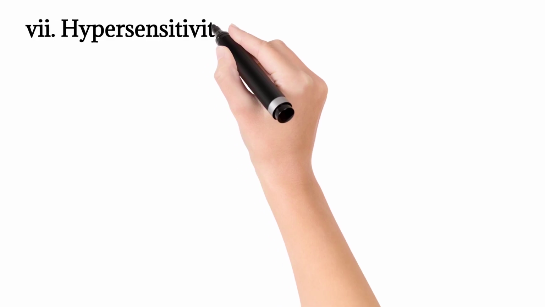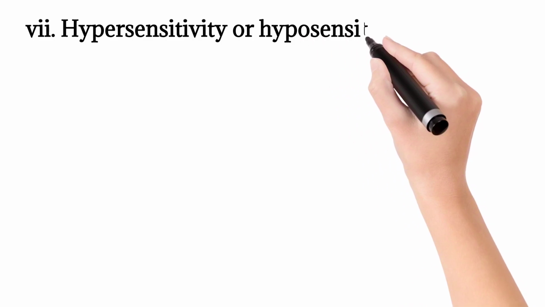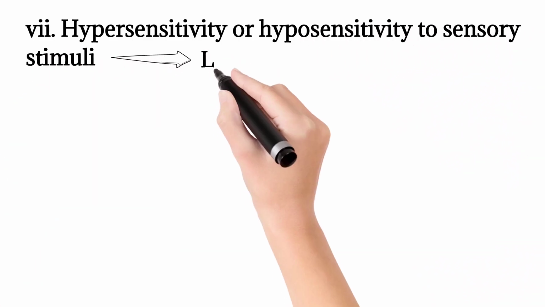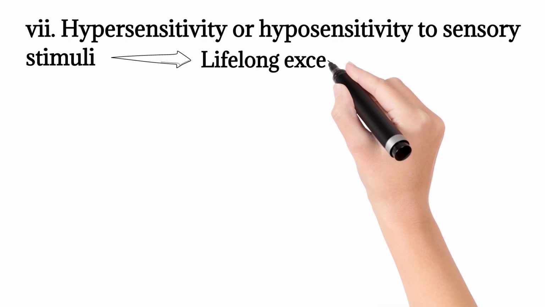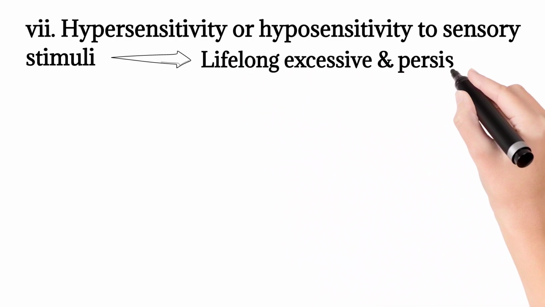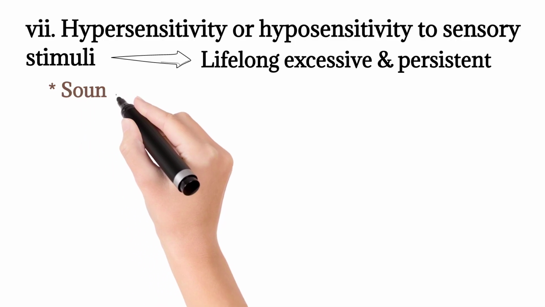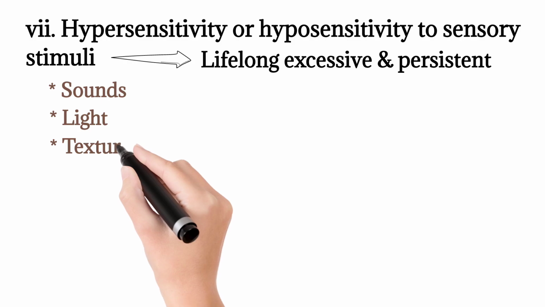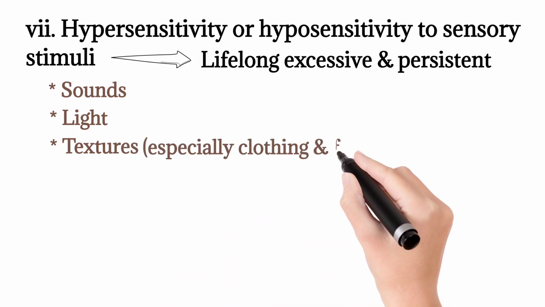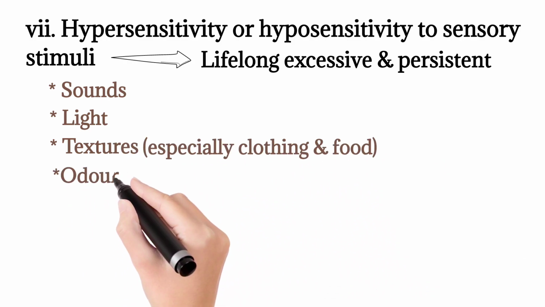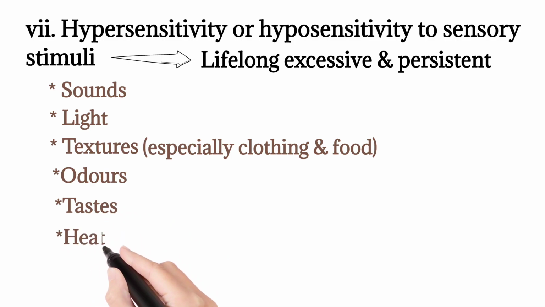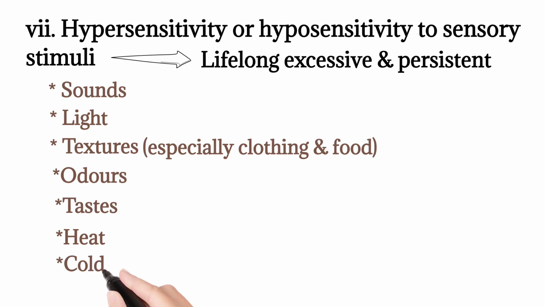Then hypersensitivity or hyposensitivity to sensory stimuli, which is lifelong, excessive and persistent, and may include actual or anticipated sounds, light, texture, especially clothing and food, odor, taste, heat, cold or pain.